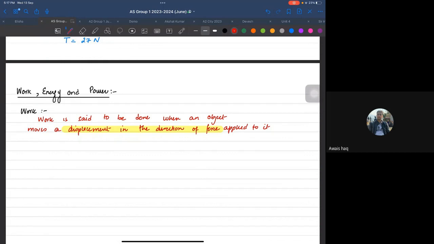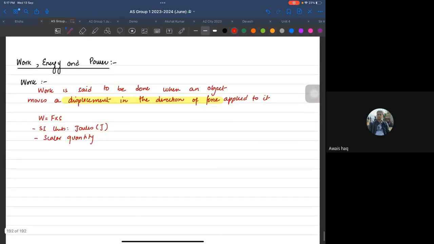So what happens is that work is force times displacement, and the SI unit for work is the joule. Work, by the way, is a scalar quantity, and now in different cases we'll see how work is done and when work is not done.